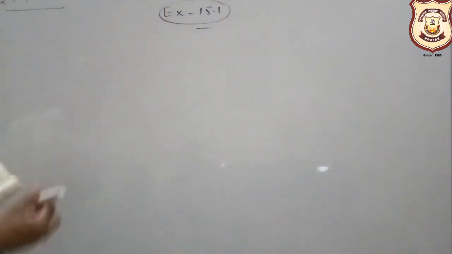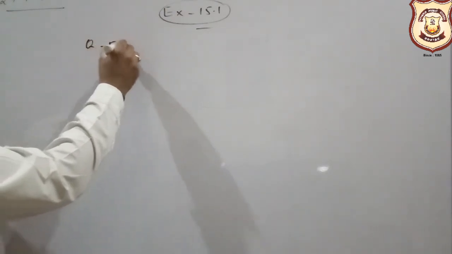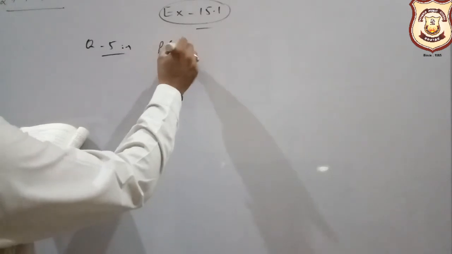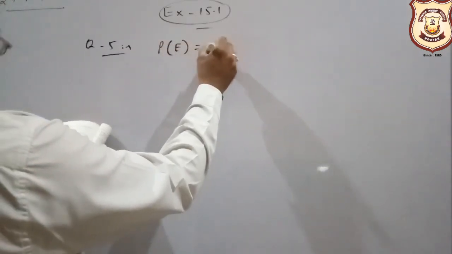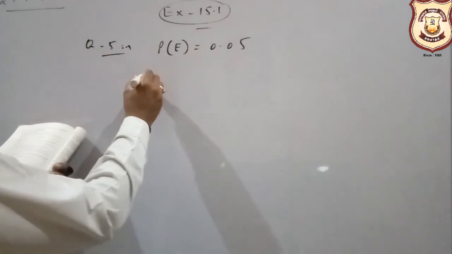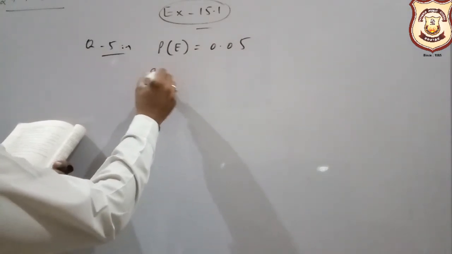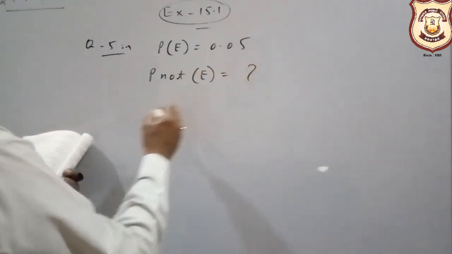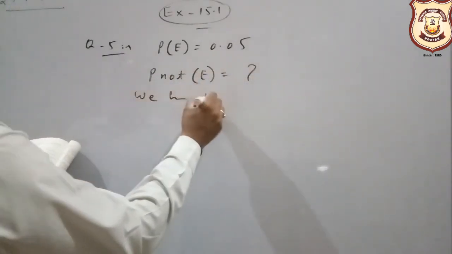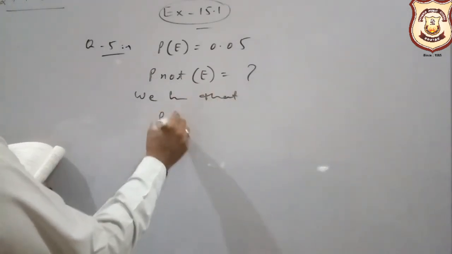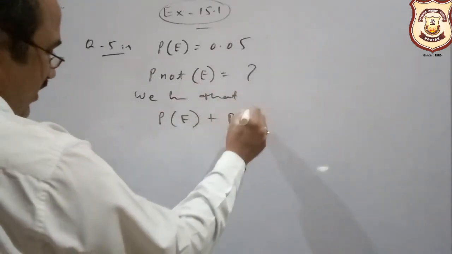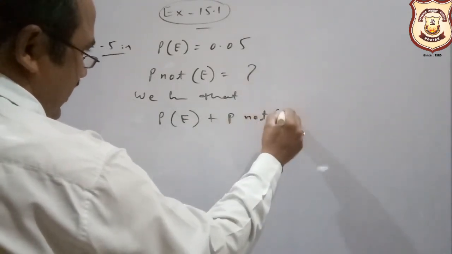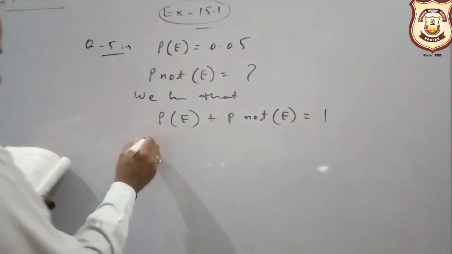Now see question number 5. In question number 5, P(E) is given as 0.05. So they are asking P(not E). How much? So we know that P(E) plus P(not E) is equal to 1.